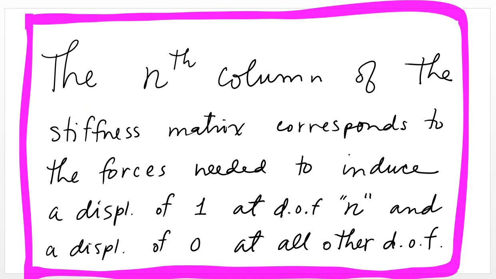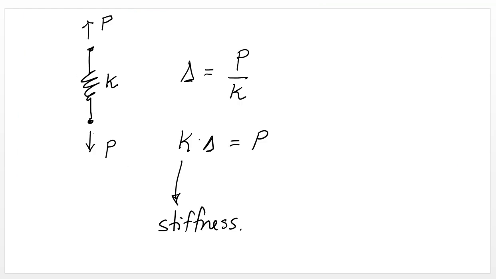So we can use what we know about computing deformations in structures in order to compute the stiffness matrix of a system. And we're going to start doing that on a very simple but illustrative example.